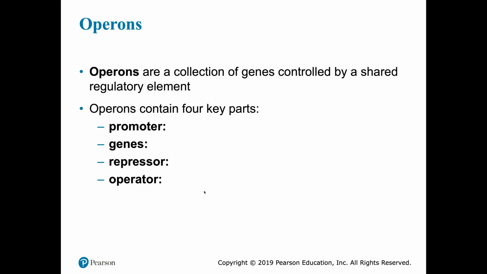So eye color is a bit more complex because multiple genes control eye color, and they're all potentially on different chromosomes. But operons for bacteria group them all together, which makes a lot of sense and makes it way more efficient.